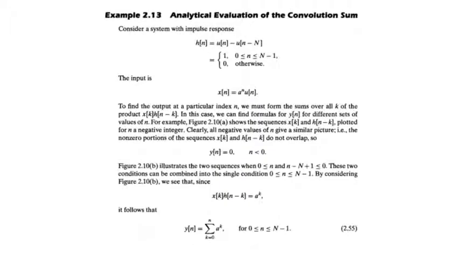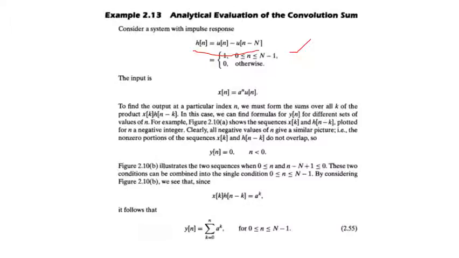So in this slide we will compute the convolution sum of two signals that are given to you. So you can see that we have h of n, there is a response, and this response is between 0 and n minus 1. So this is finite impulse response, and it depends upon the value of n, that how many samples are going to be in h of n.